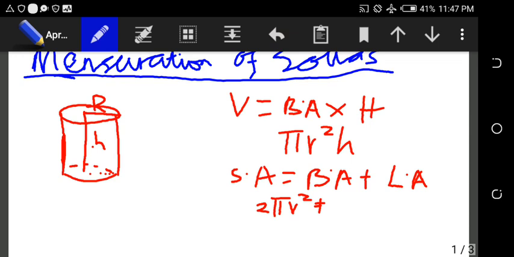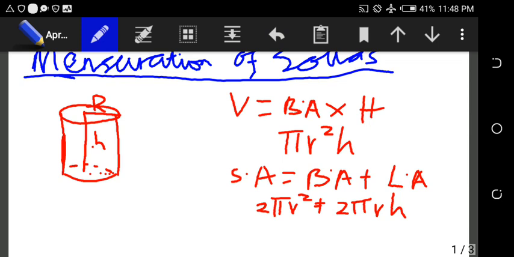Now that circumference goes up a height known as h. Therefore, to get the lateral area, we multiply the circumference, 2 pi r, times the height of the cylinder, h, and this 2 pi r h will give us the lateral area that we need.